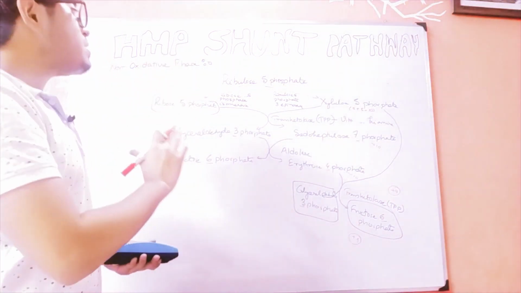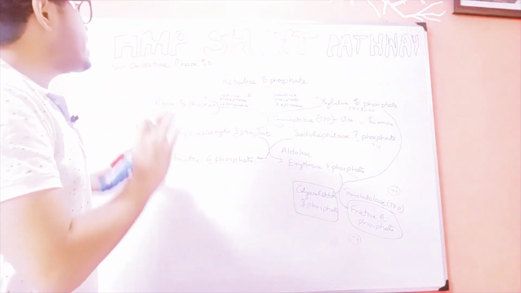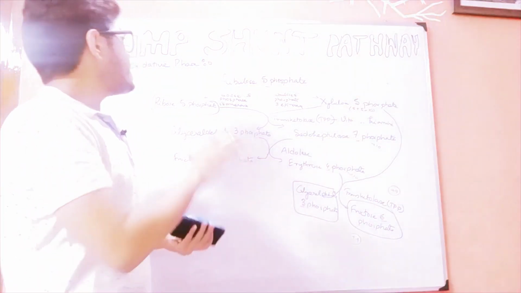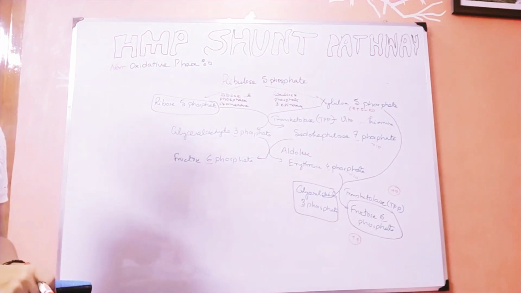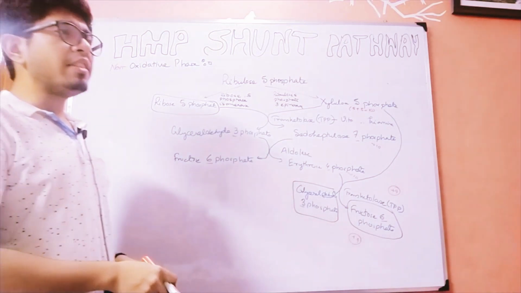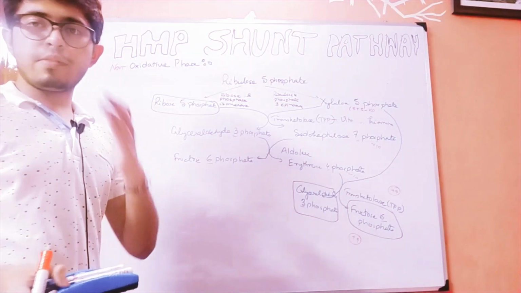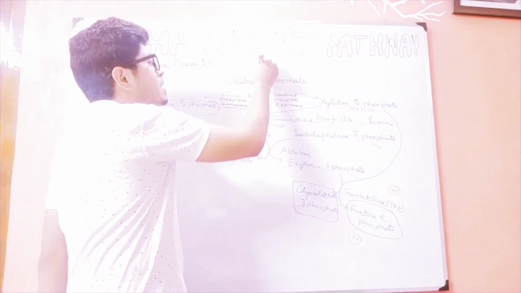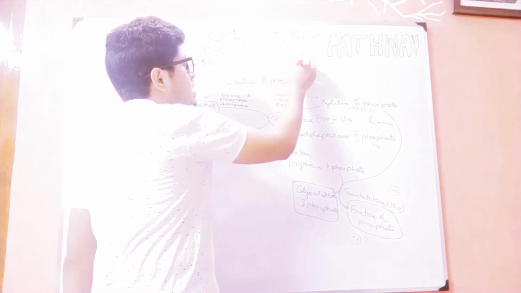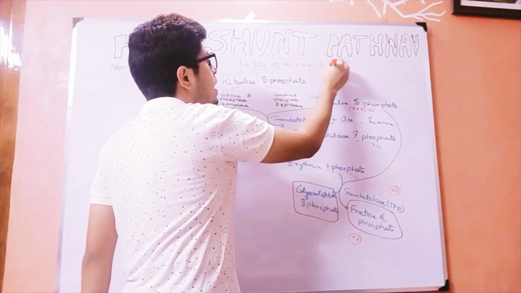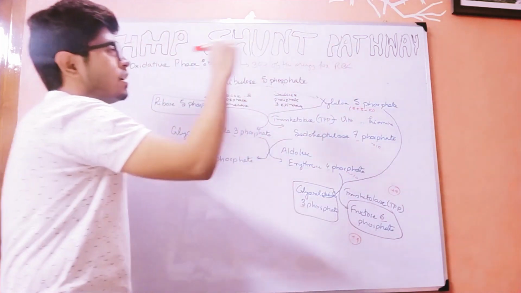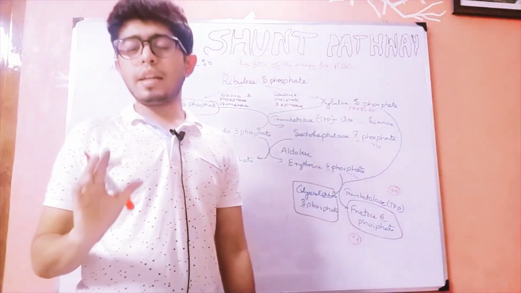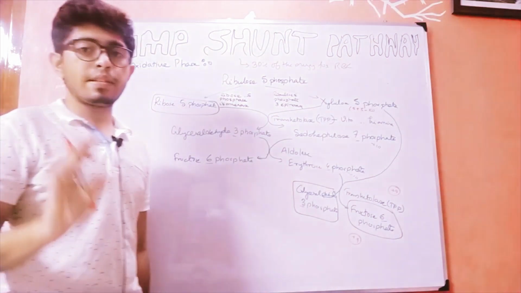Now, we are coming to the regulation part of the hexose monophosphate shunt or the pentose phosphate pathway. The pentose phosphate pathway does not have a regulation as such, because this pathway is a way by which 30% of the energy for RBC is generated, because RBC as such does not undergo the glycolytic process.